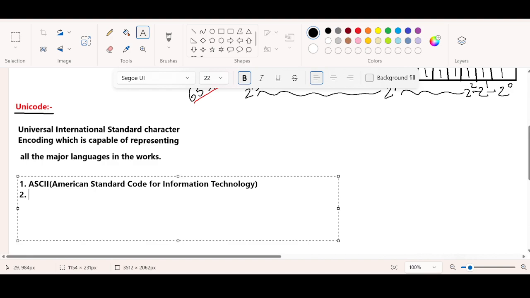The Russians were following something like KOI8 for the Russian language. It supports only the characters of the Russian language. The Western European languages, like Spanish, French, Portuguese, were following their own set, something like ISO 8859, for Western European countries.